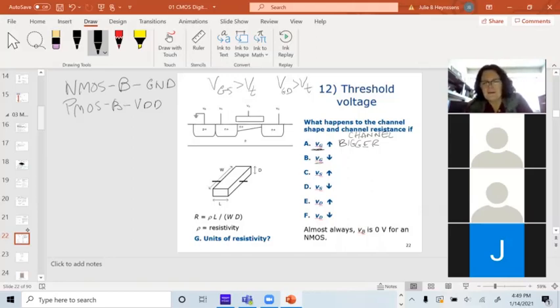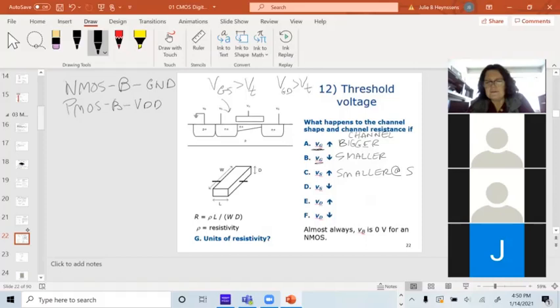If I decrease the value of VG, I'm going to get a smaller channel. Now, if I increase VS, it really is only going to affect the channel at this end. If I increase it, VGS goes down, so my channel gets smaller at the source.